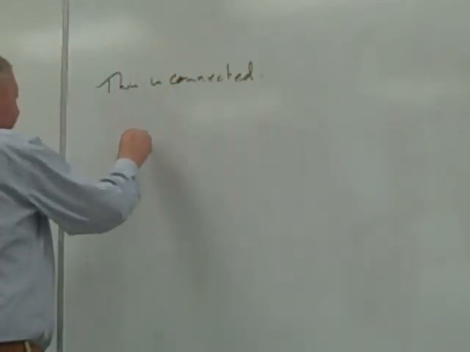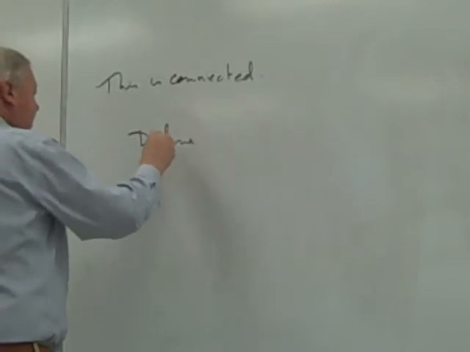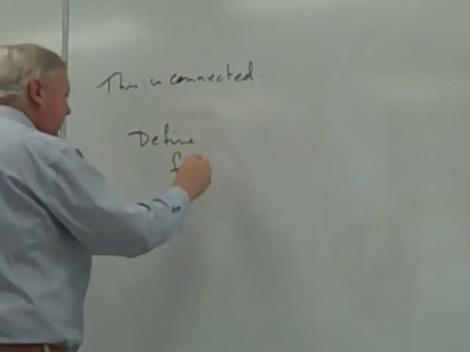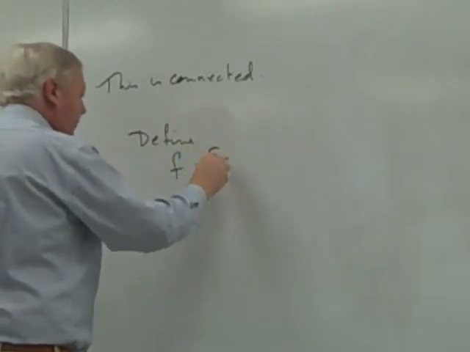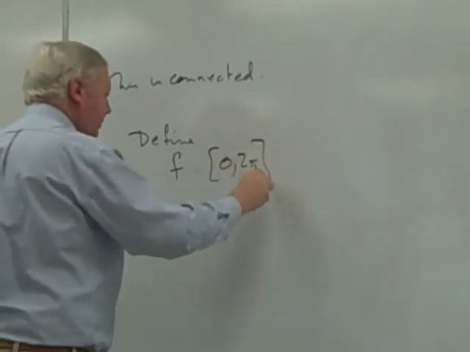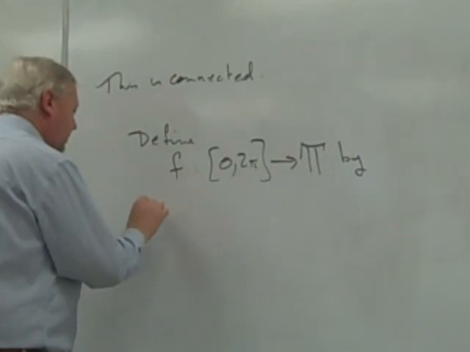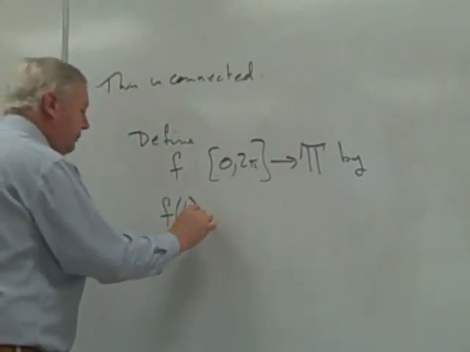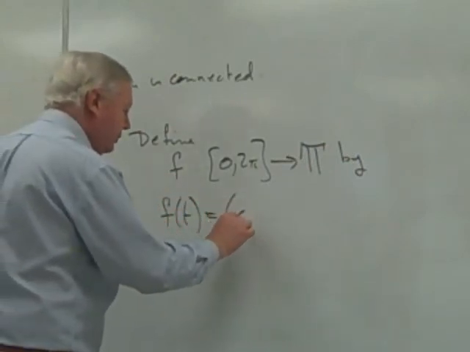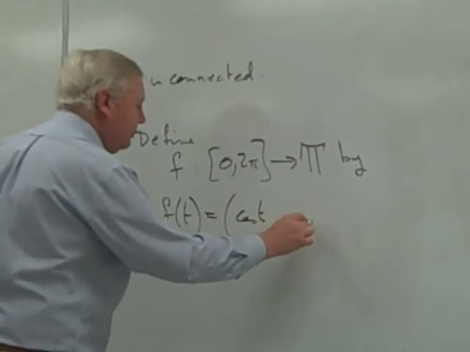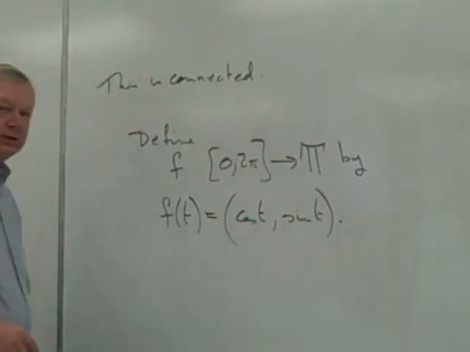So define a function f from the closed interval 0 to 2 pi to the circle by f of t is the point with coordinates cosine t, sine t.